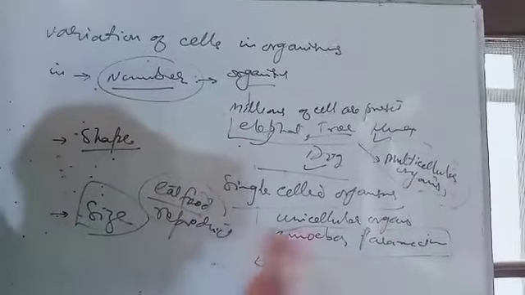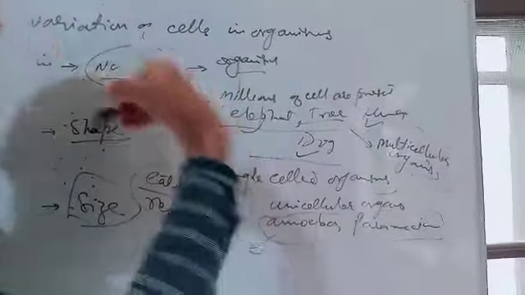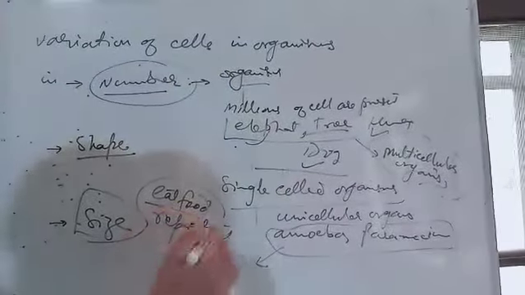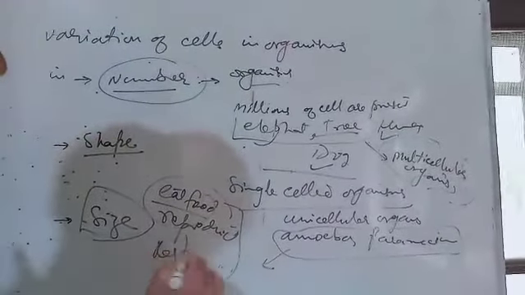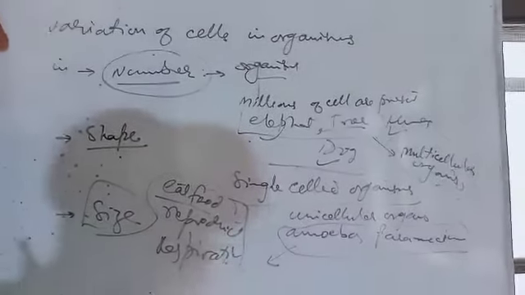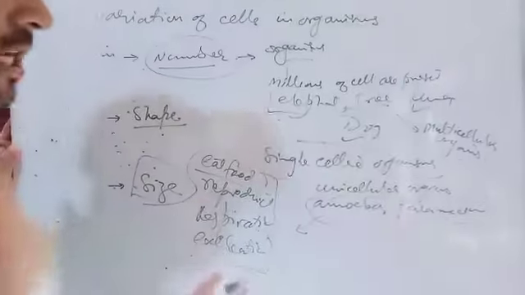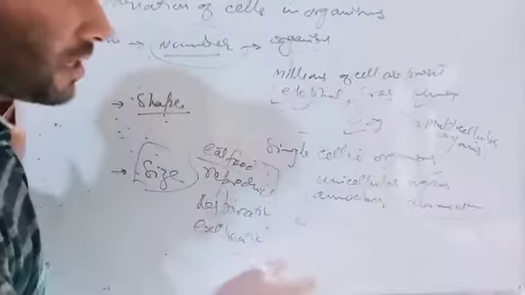Reproduction: amoeba also reproduces, humans also reproduce, trees also reproduce. Respiration and excretion are some functions which are performed by all living organisms, either unicellular or multicellular.